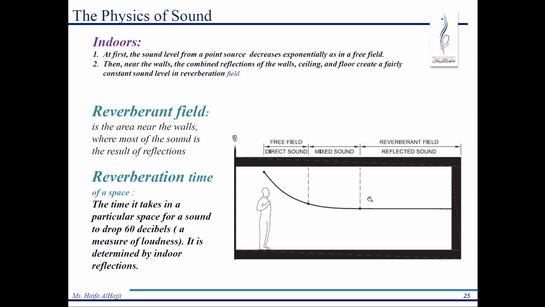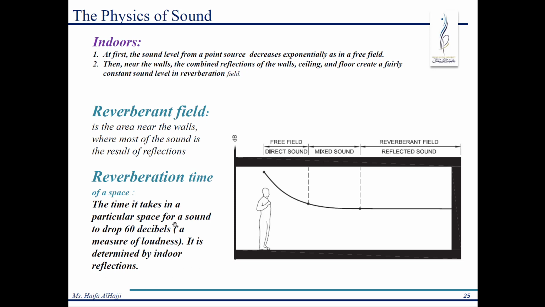So this is actually noisy. The shorter the reverberation time, the quicker the sound dies, the better for speech. The longer it takes the sound to die, the more reflection there is. A long reverberation time is used for music, not for speech.